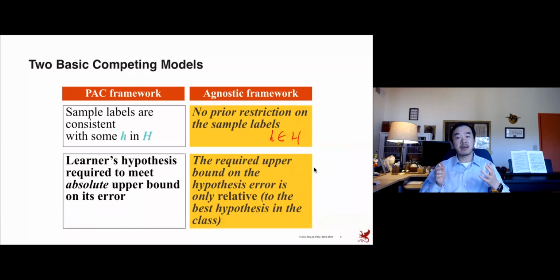Therefore, you are going to make a mistake, however you try, on the training data. And then your generalization error will be additional error on top of the training error you already made. So it's going to be a relative kind of statement of the generalization error. These are the two frameworks we're going to study today. In both cases, the size of H is finite. We're going to study infinite H in our next lecture.